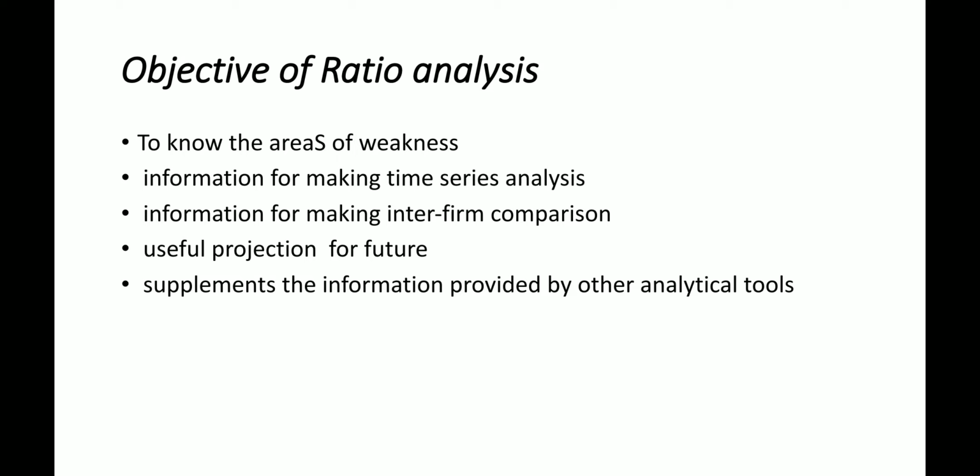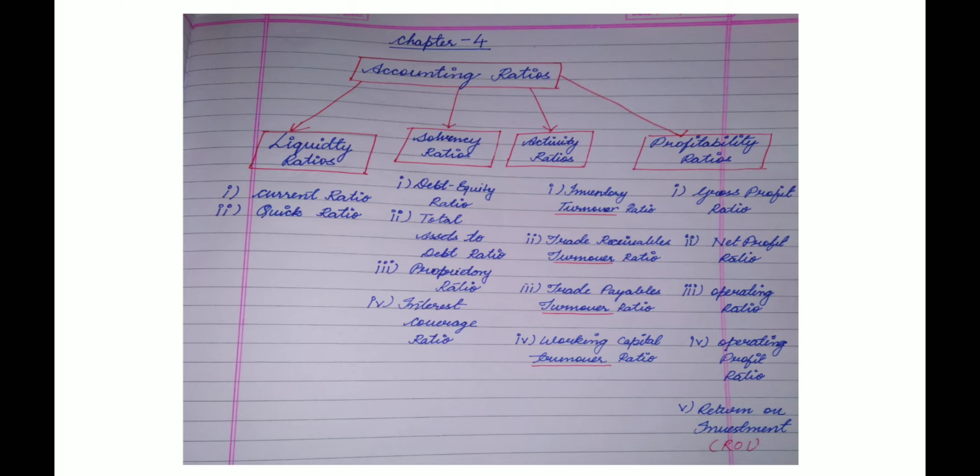Okay, so there are many types of ratio which are classified as follows. First is liquidity ratio. Liquidity ratios are those ratios which analyze the ability to pay off current liabilities by liquidity.